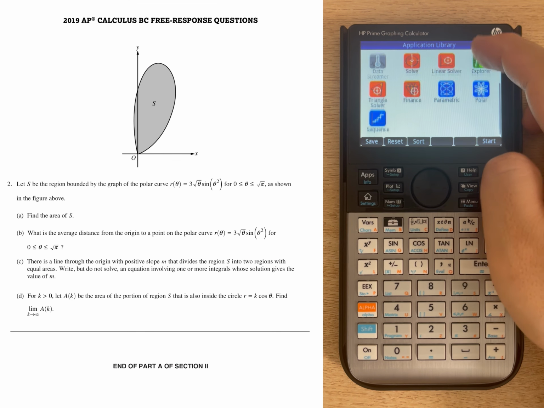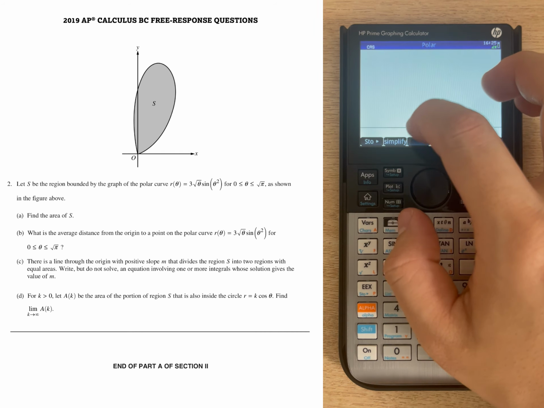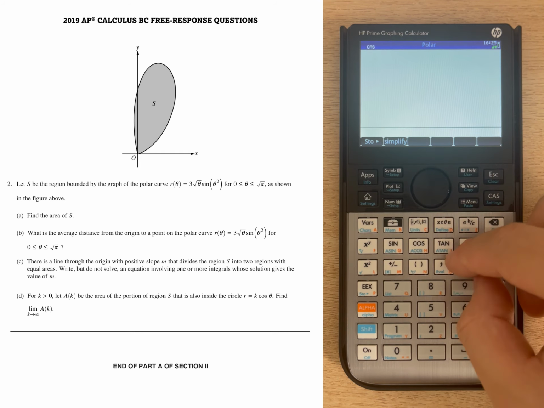Here's our calculator. We go to the polar and put the function in here.